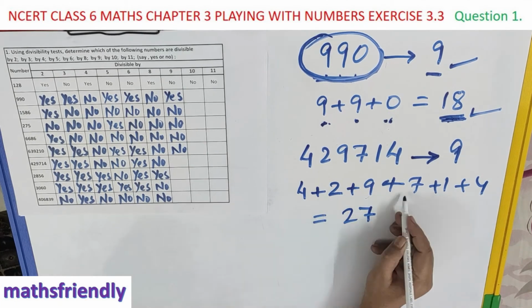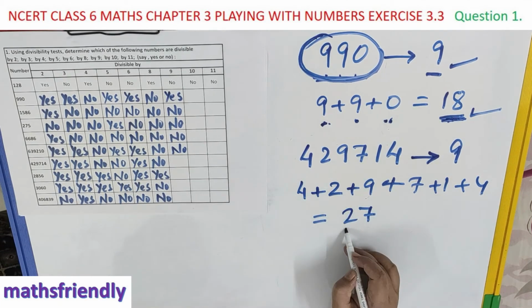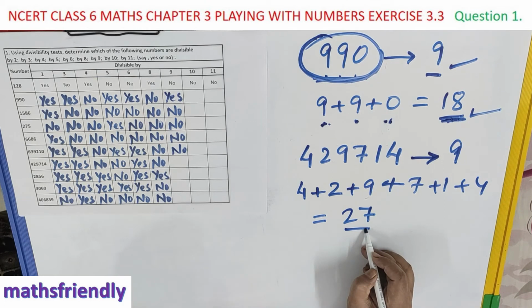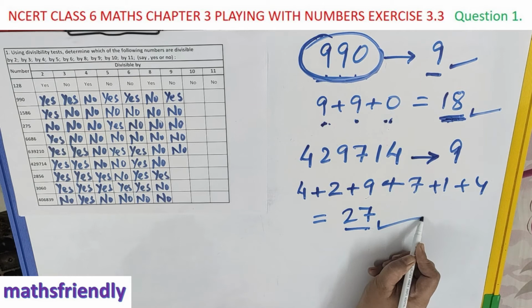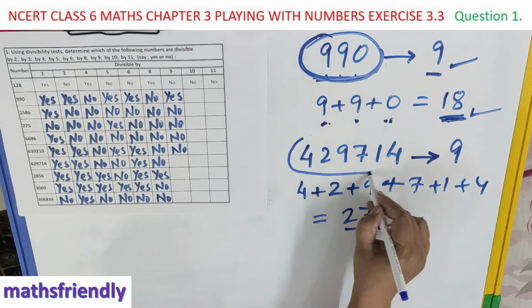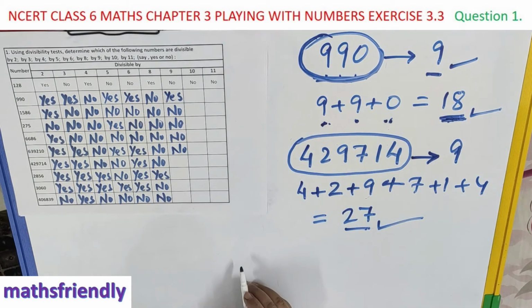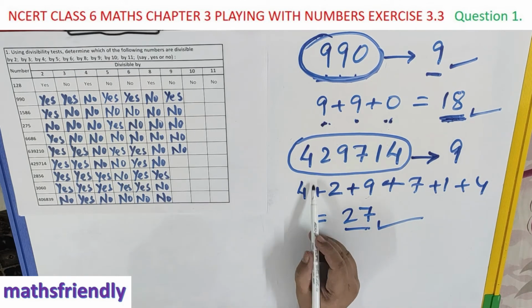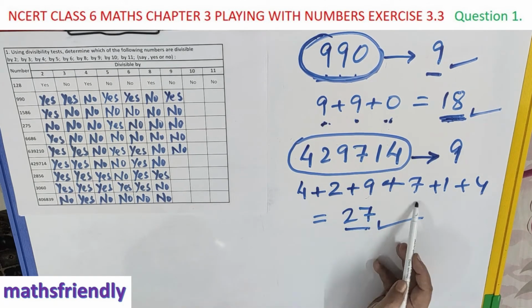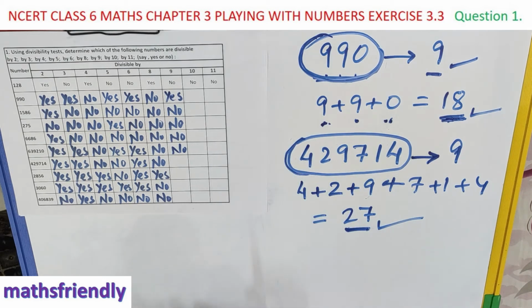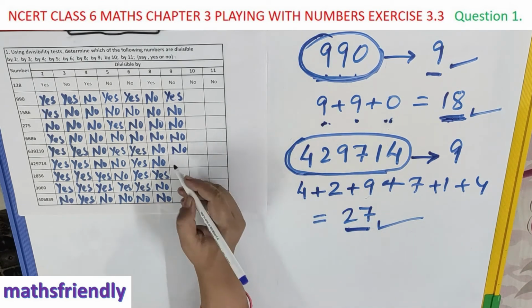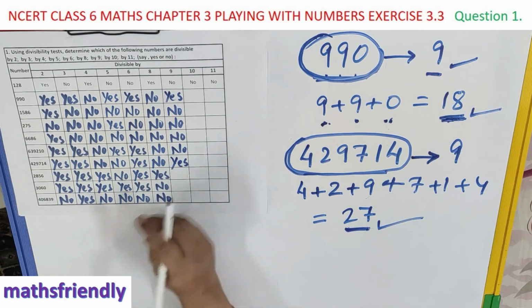Okay, the sum of the digits of this number is 27. Is 27 divisible by 9? Yes, 27 is divisible by 9. It means the number is also divisible by 9. What we did? We added the digits of this number, we found the sum, and the sum is divisible by 9. Yes, it means the number is also divisible by 9. Yes, we will write it.